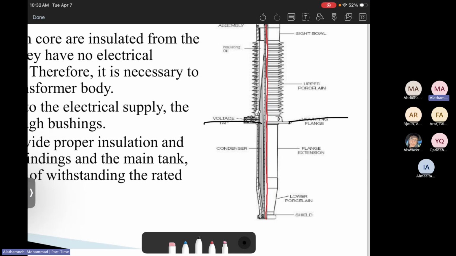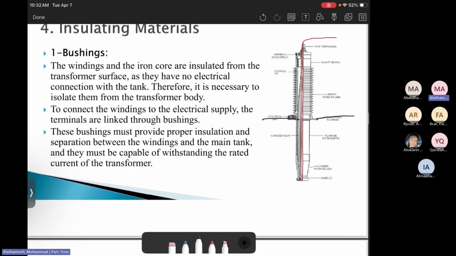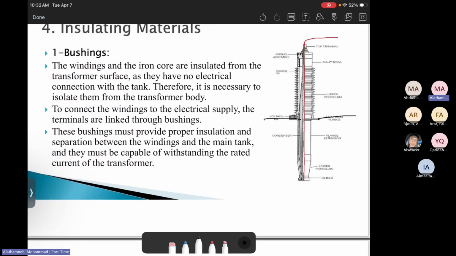It has some insulation inside it, made from porcelain, and there's some oil inside for insulation as well. So they will connect the windings with the electrical power supply using the terminals through the bushings. The bushings must provide proper insulation and separation between the windings and the main tank. We don't want the main tank, the big frame of the transformer, to be electrically conducting. Then this will provide insulation.